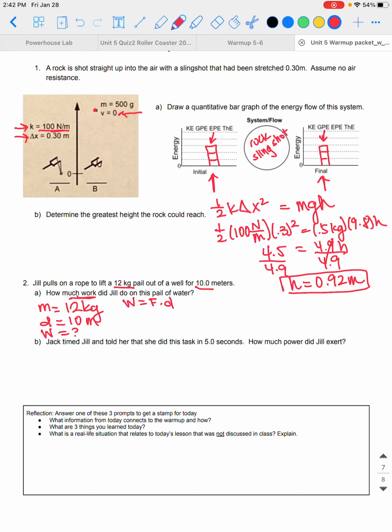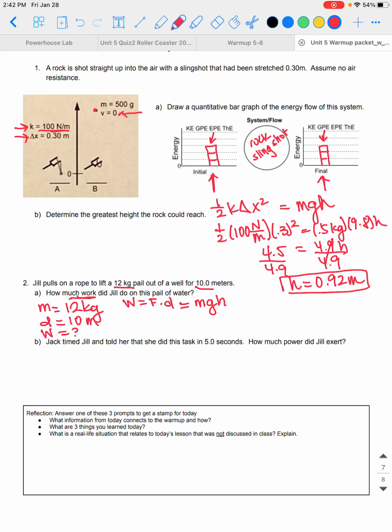So the force in which we are pulling is actually equal to the force of Earth, which is mg. Distance in this problem is a height value. So if I plug in h instead of d for that distance, I get mgh, which is our gravitational potential energy equation. If you understand the definition of work, work is the change in energy, and in this case, it is the change in gravitational potential energy.